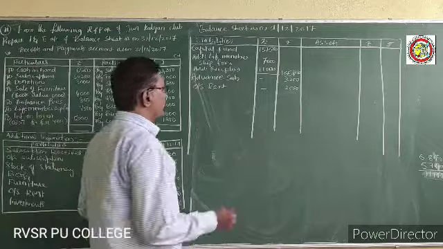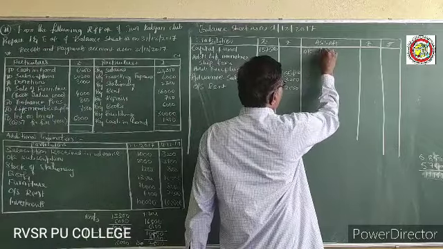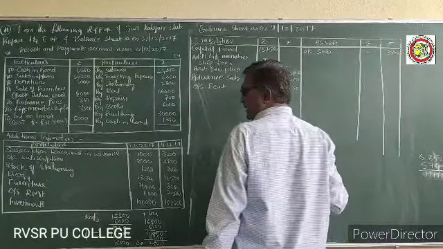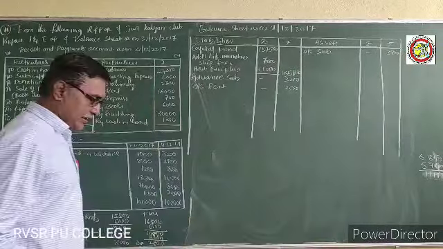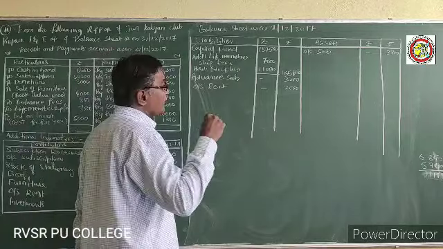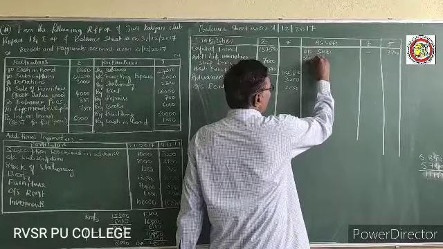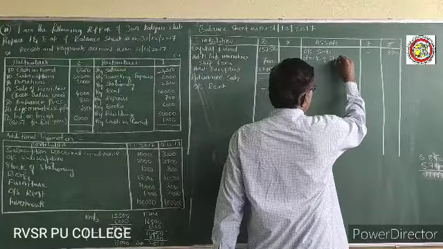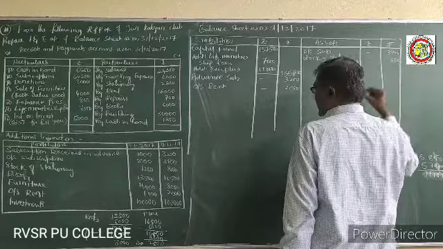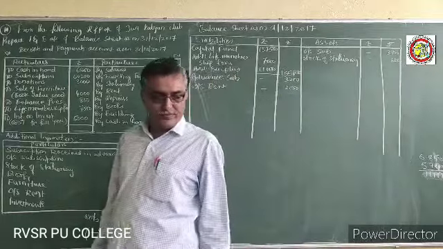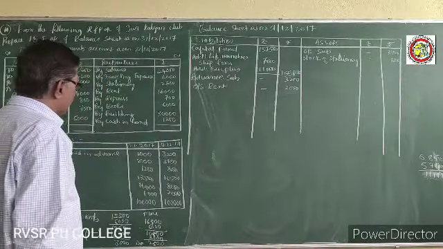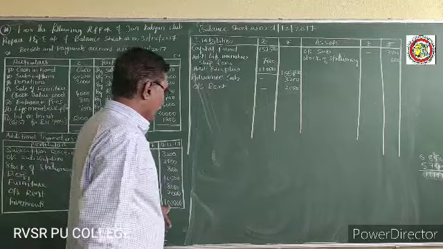Coming to the asset side, outstanding subscription 3,700. Next is the stock of stationery 800. Next is the investments 1 lakh.